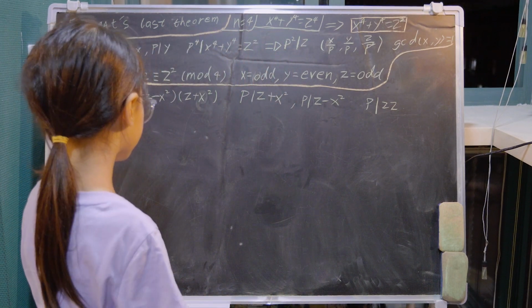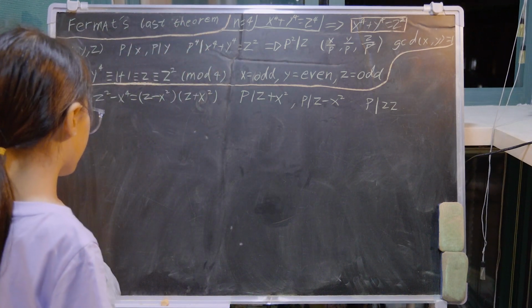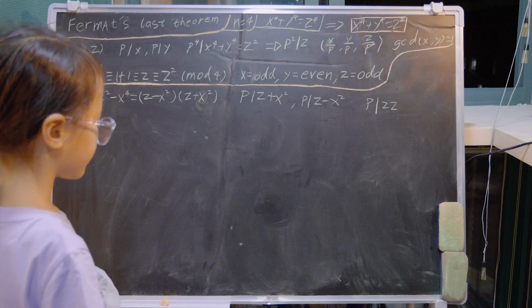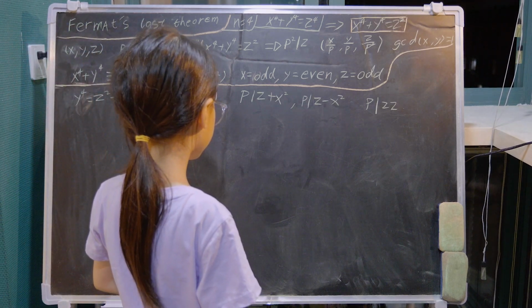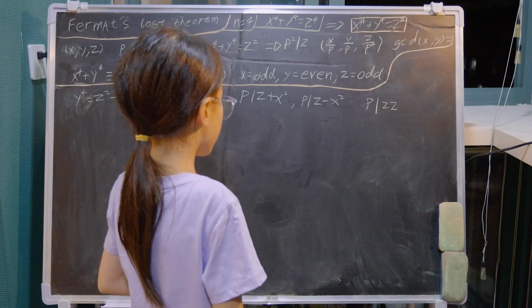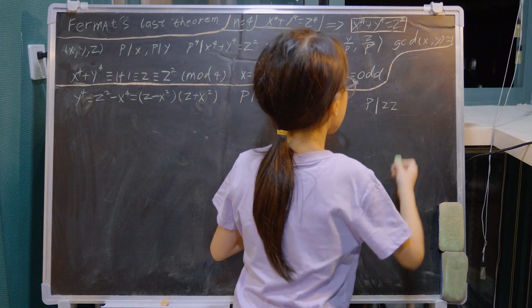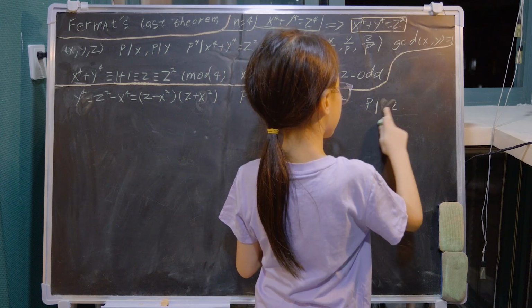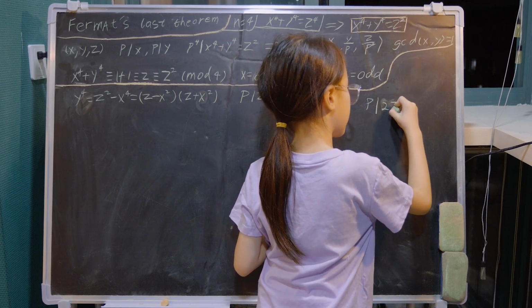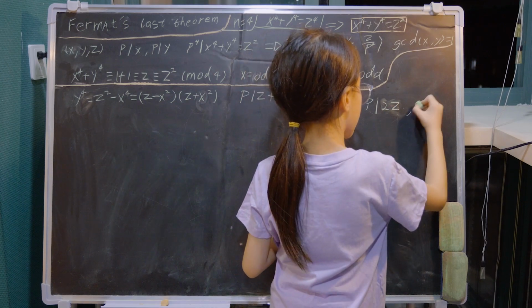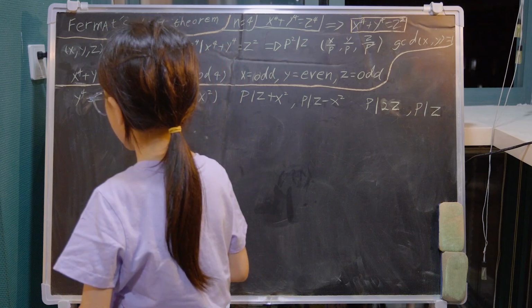And we set p to be an odd prime. So if p is a divisor of 2z, that means p is a divisor of z.